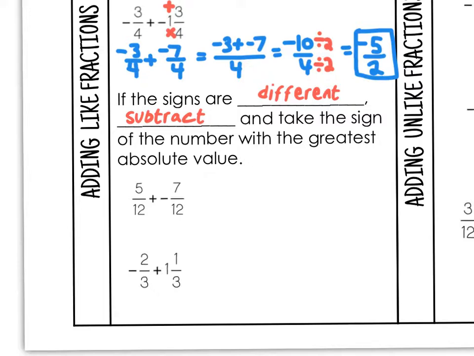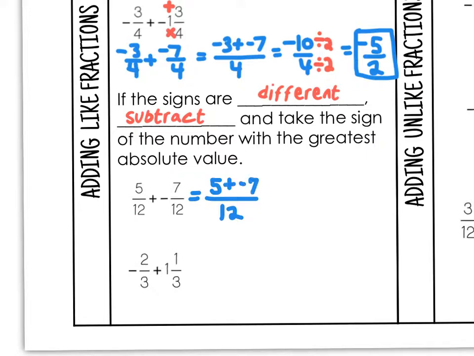For the bottom part here, you're going to write if the signs are different, you subtract and take the sign of the number with the greatest absolute value. But again, they have to have the same denominator. So here, since they both have 12, great, we put it all over 12. Now we have a positive 5, and the second fraction is negative, so that's a negative 7.